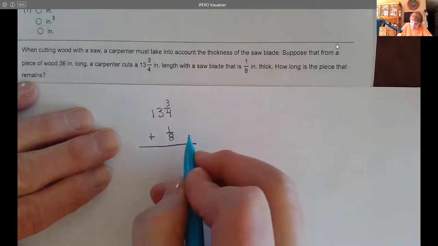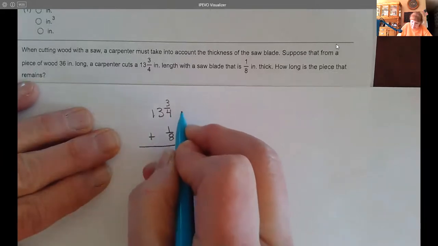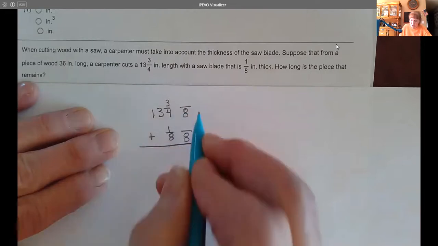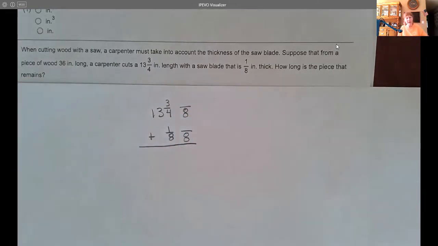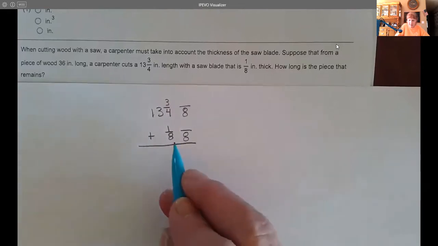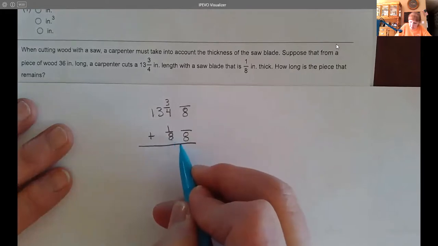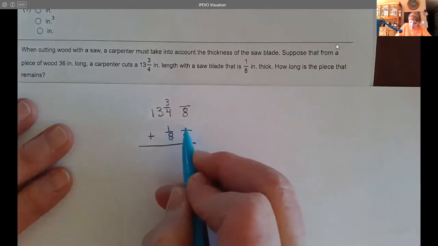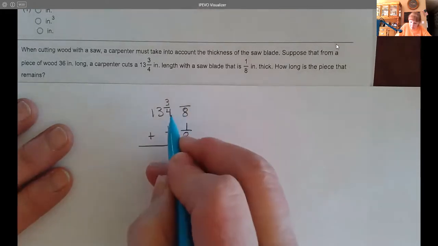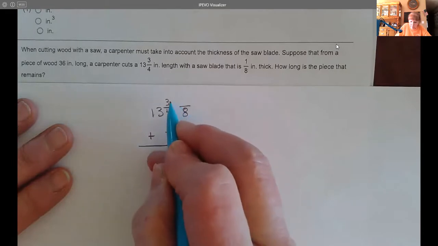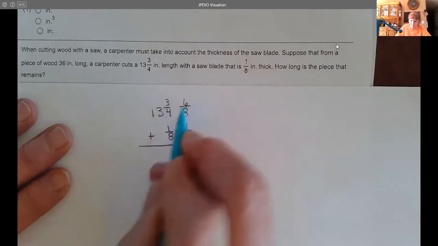Common denominator, probably 8 would be the easiest. You know, if you ever do like 24 something, you're just going to have to reduce your answer more, unless you get the least common denominator. You multiply by 1, multiply by 1, multiply by 2, multiply by 2.